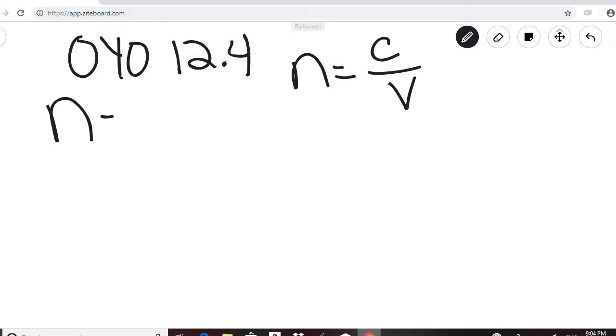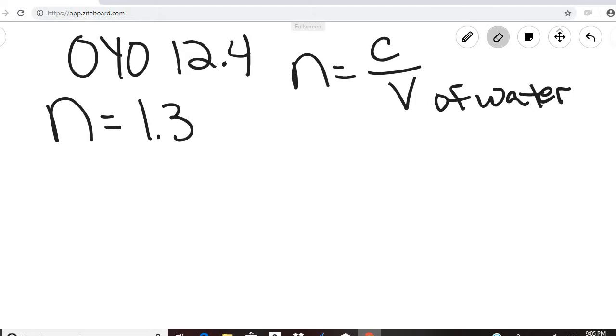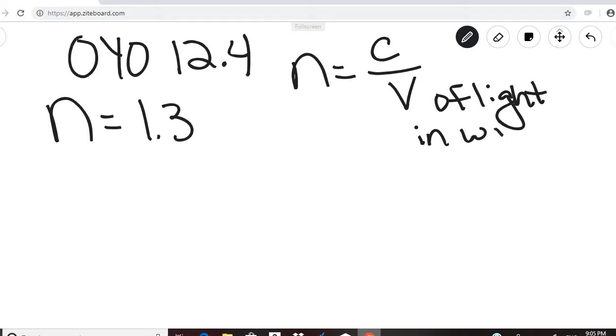Okay, so we are told that n is equal to 1.3, and we want to know what is the velocity of light in water. So we are going to solve for v. We're going to multiply both sides by v, that gets rid of this over here, and divide both sides by n.